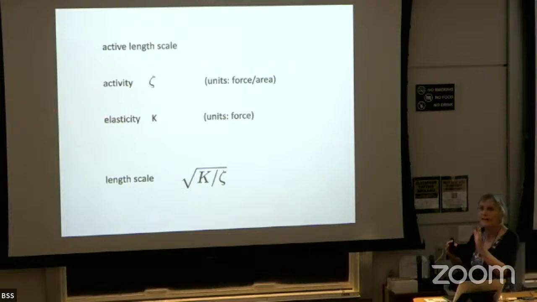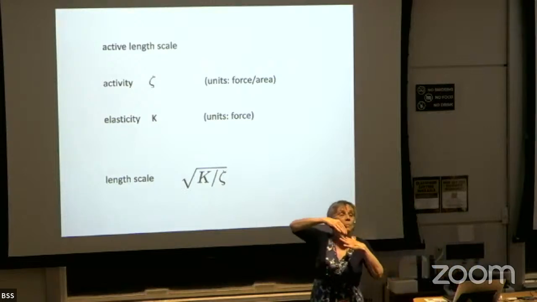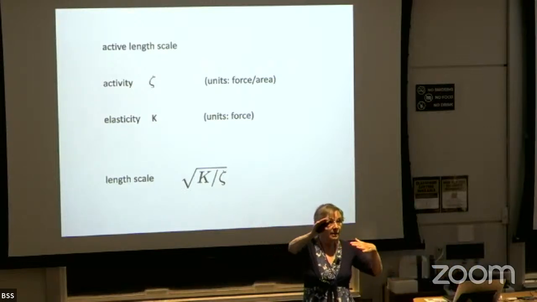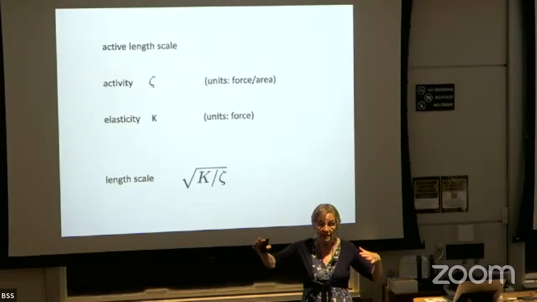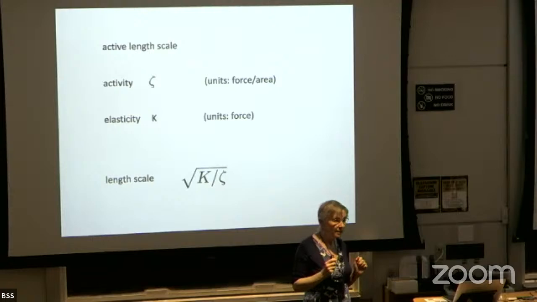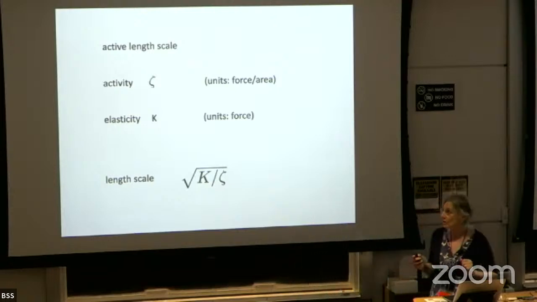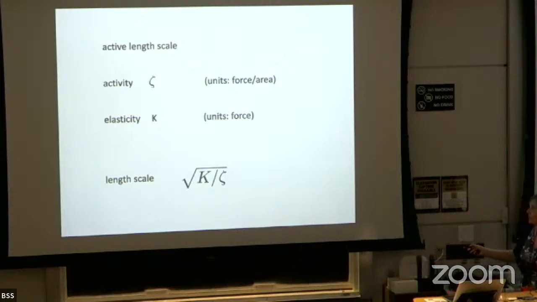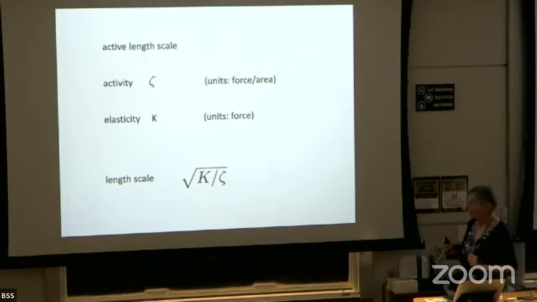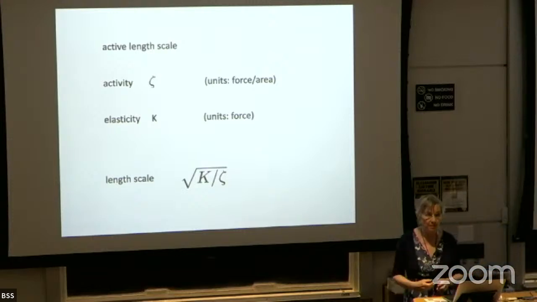You've got the activity trying to impose bend and splay distortions on these things, and you've got the elasticity trying to pull them back to not being distorted. If you look at the units, you can immediately see you've got a length scale here, and the length scale is root k over zeta. That is a typical length scale for these active systems.